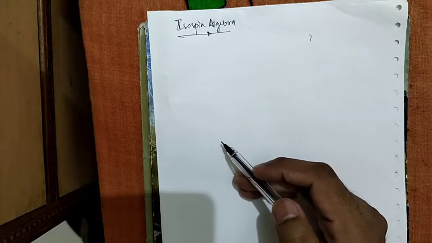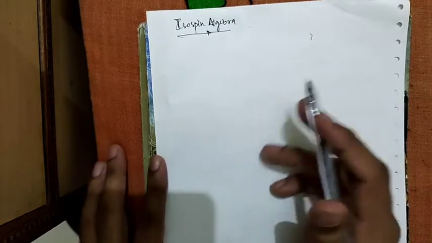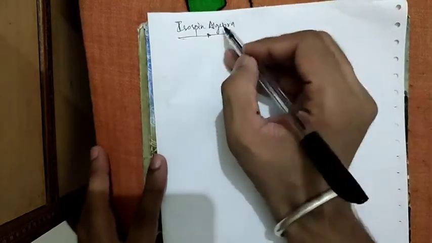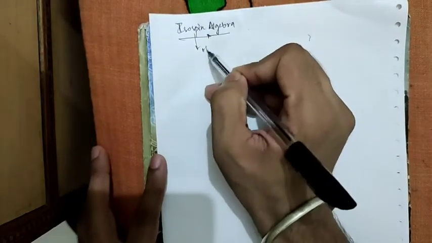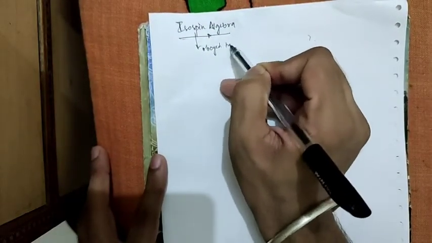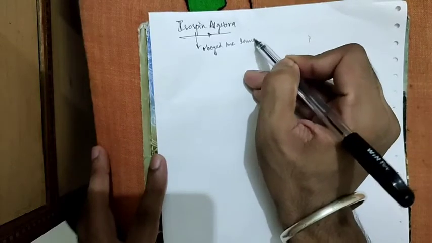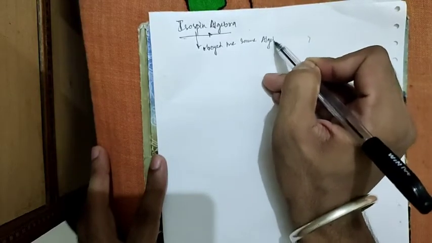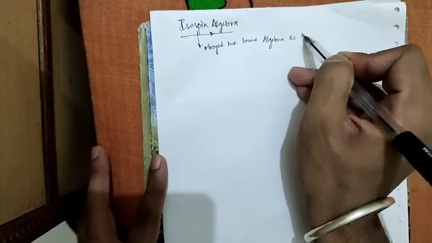Now, as we know, isospin obeys the same algebra as angular momentum.